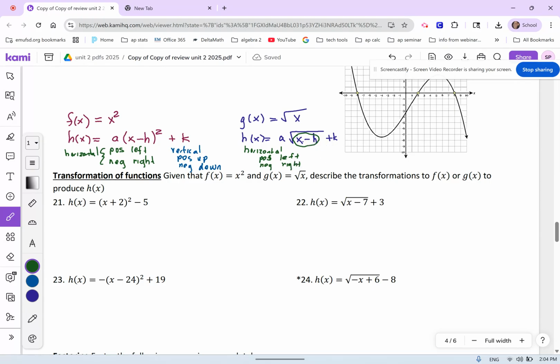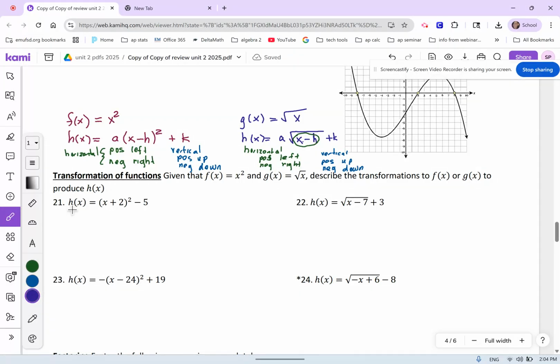Positive k, the following is vertical motion, so this is vertical. If it's a positive constant, you're going up, and if it's negative, you're going down. So for the horizontal, it's the opposite of what you would expect.